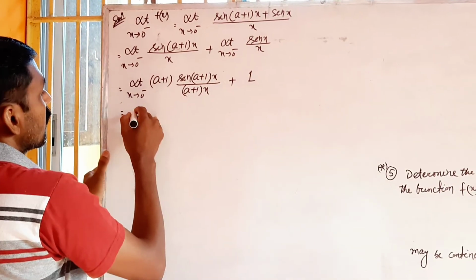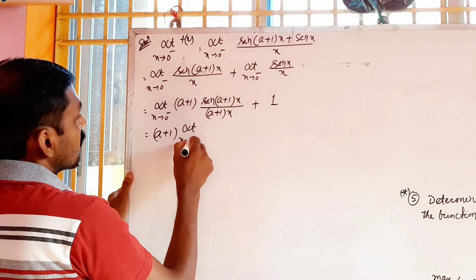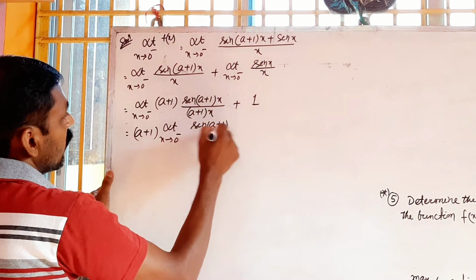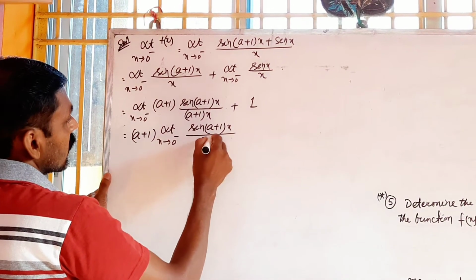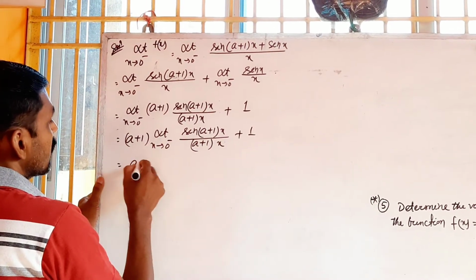So here also it is a plus 1 into limit x tends to 0 minus of sin (a plus 1) x by (a plus 1) into x, plus 1. So it is a plus 1.